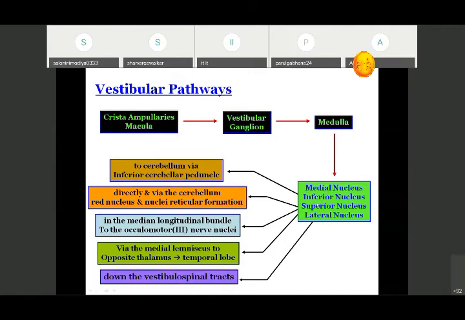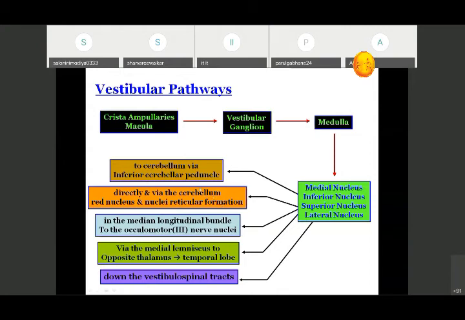Now these connections will go to the cerebellum, mainly the flocculonodular lobe of the cerebellum, through the inferior cerebellar peduncle. The information will also go directly or via the red nucleus and the nuclei of the reticular formation to the cerebellum.